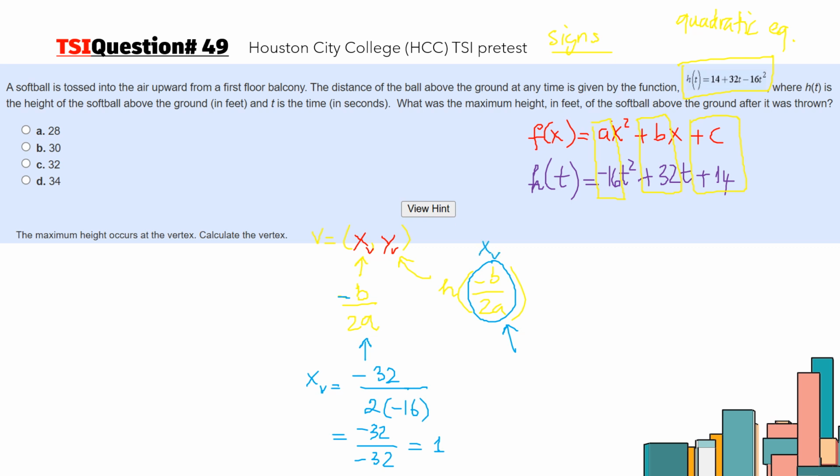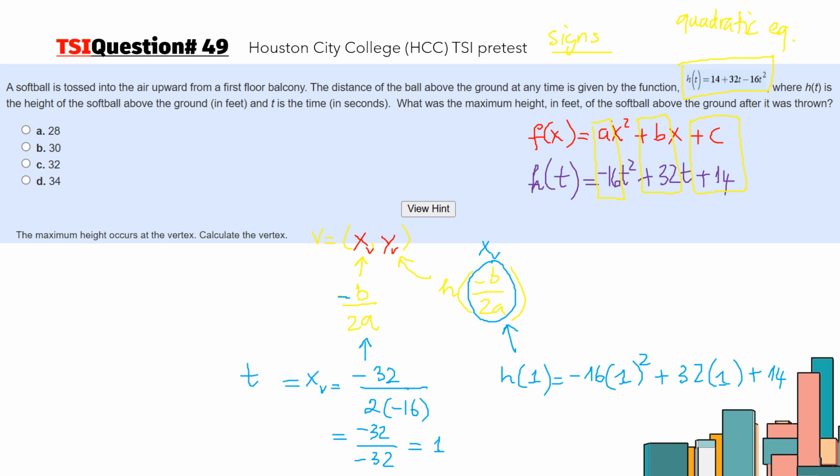The h right here is your y sub v. So h of 1 equals negative 16 times (t) squared plus 32 times (t) plus 14. Instead of writing t, we open parentheses so we can plug in the t value. Now t equals 1, so write that 1.